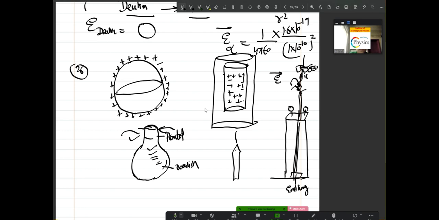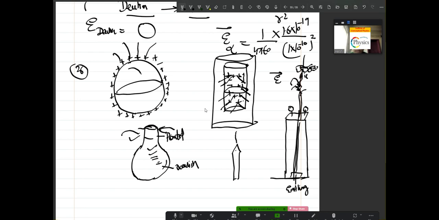Even this is a three-dimensional cylinder. Now, if you notice, the electric field due to these is perpendicular. Supposing these are positive charges, the field appears like this, away from the cylinder. And also for a sphere, the electric field is away from the charges.